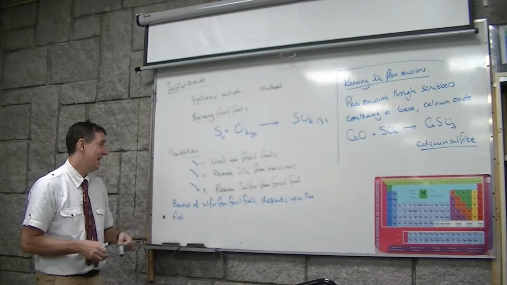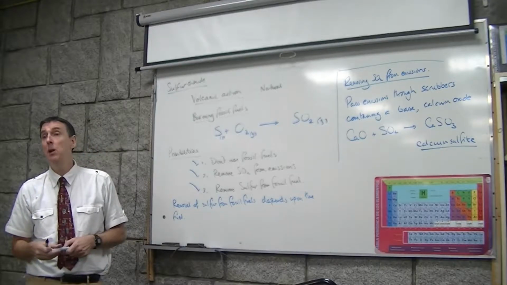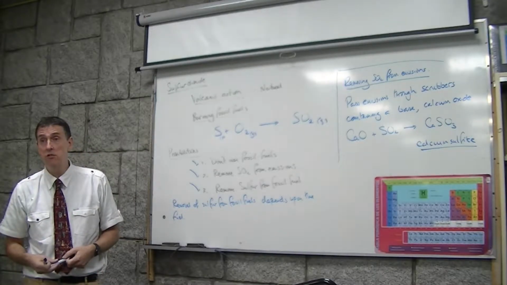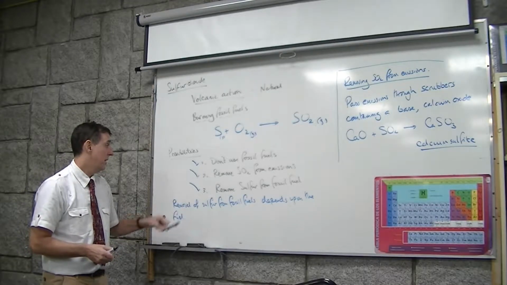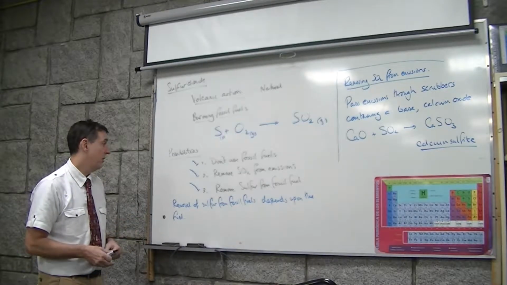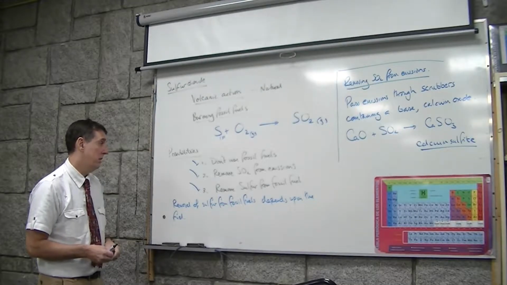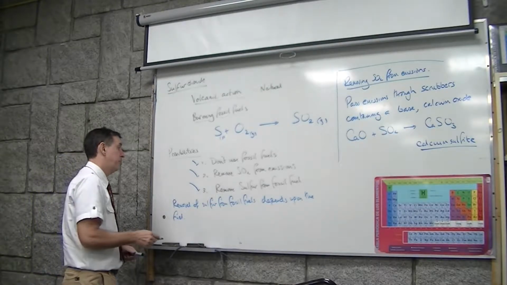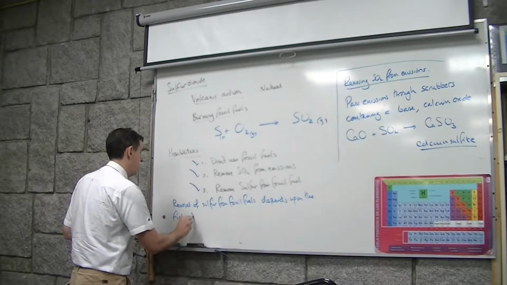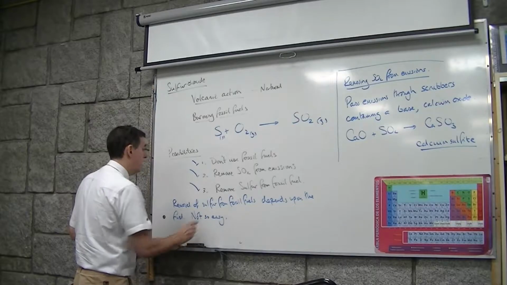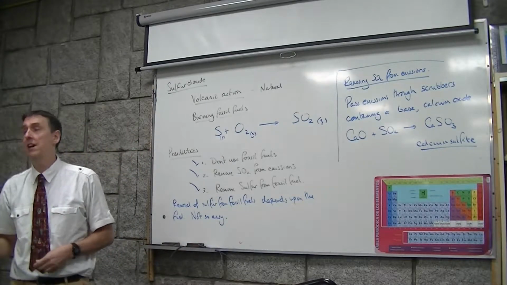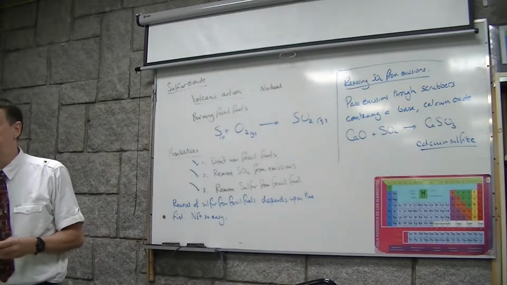We're less likely to have sulfur in natural gas. We will have hydrogen sulfide in natural gas, but if possible, the sulfur gets removed before. Not always so easy. Certainly for things like coal deposits, we would tend to choose coals that have a very low sulfur content.